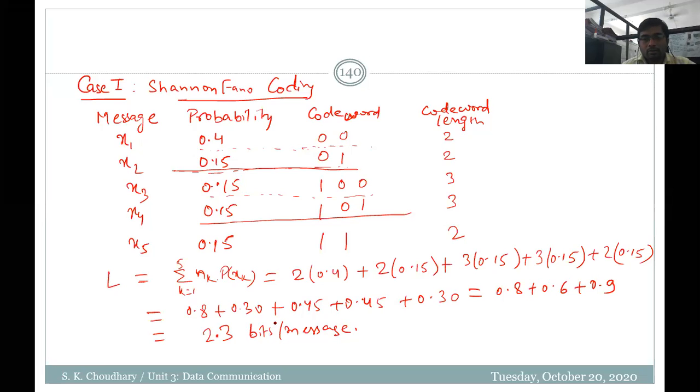Now in channel coding we have the average code word length, as well as the average entropy that we have already calculated for the same. So we can easily find the efficiency. What is the efficiency here? That is eta equals H of X upon L, and you can use this formula again with log 2 m.